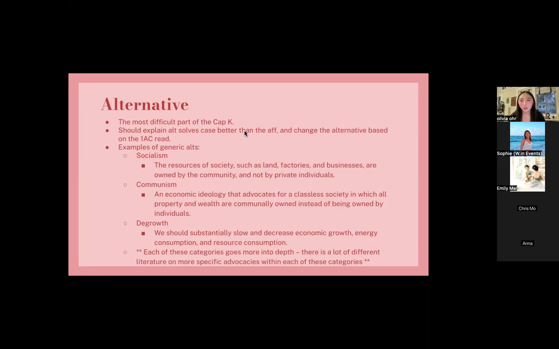But again, I'm not as familiar with those alternatives. I would recommend reading through the cards and the articles to see more specific warrants. Does that make sense?